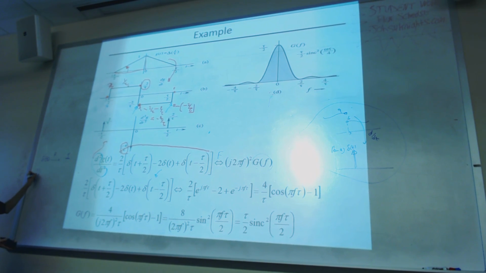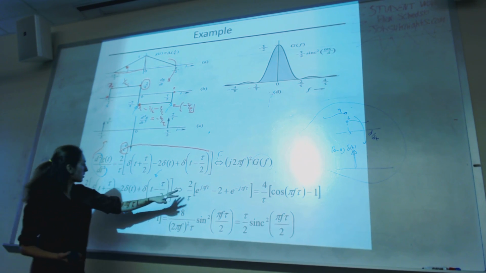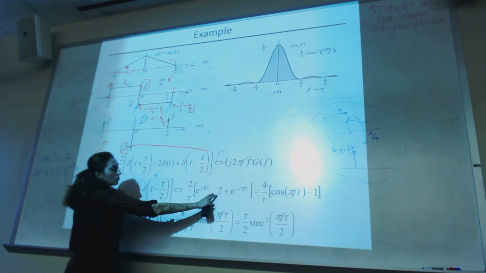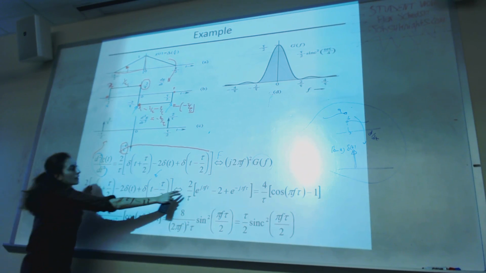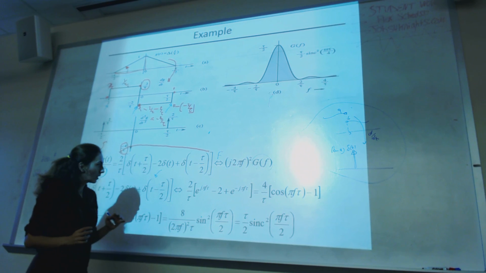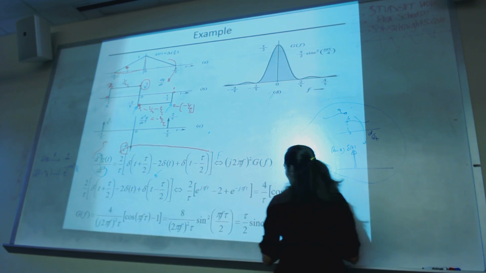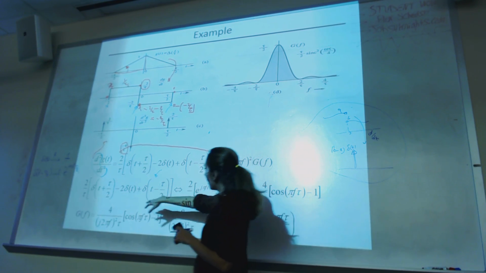Always when you shift things, you multiply by an exponential. So that's how you get this minus 2 corresponds to the delta when you take the Fourier transform. This exponential corresponds to this, and then it corresponds to that. Everybody got this one? I had 3 deltas.